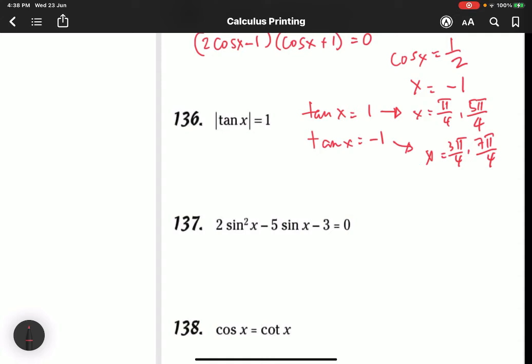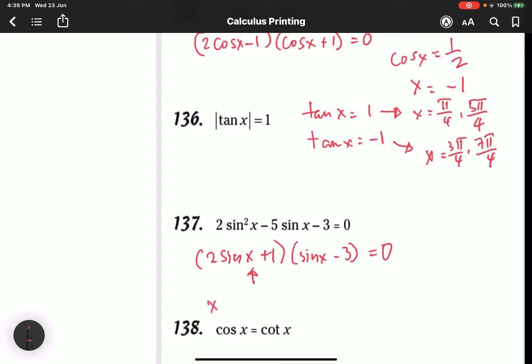We have 137. So we have to factor. So we have to see sin x plus 1 and sin x minus 3 equals 0. So the first factor, if we have 0, then x we have this one.